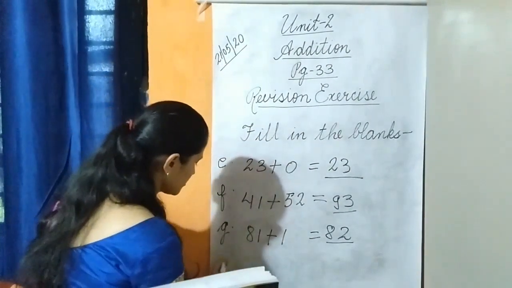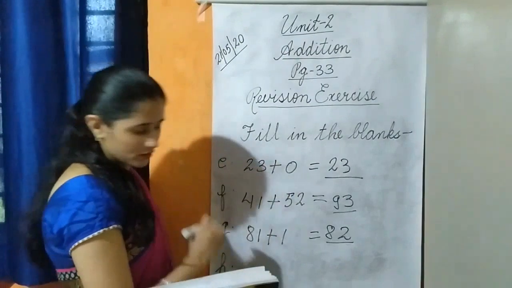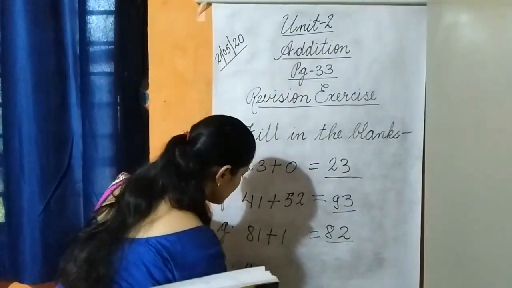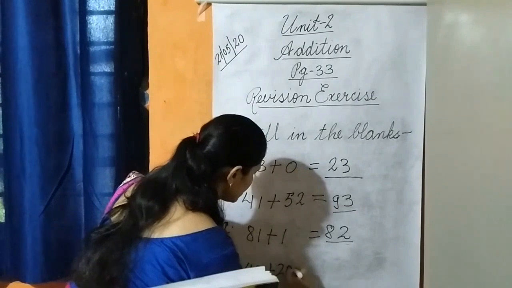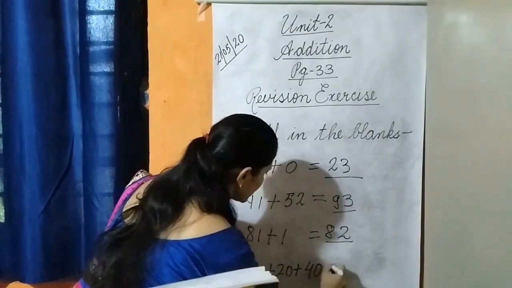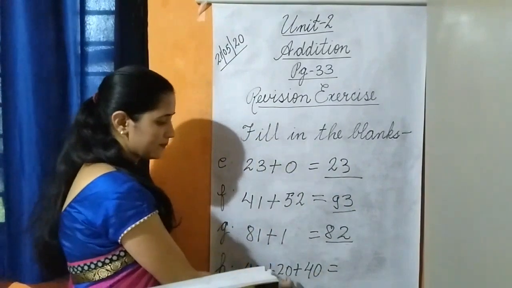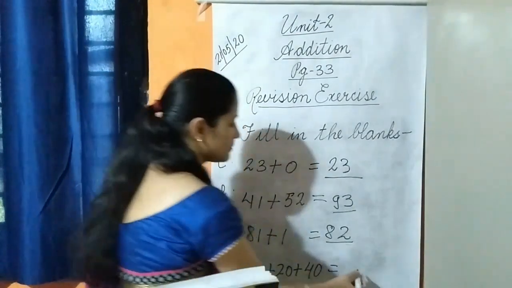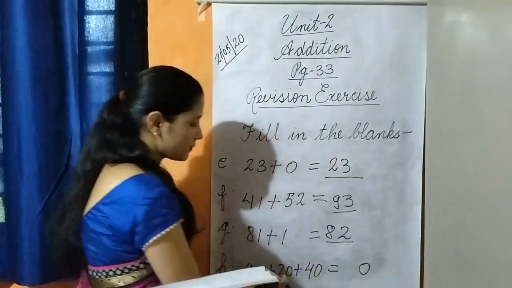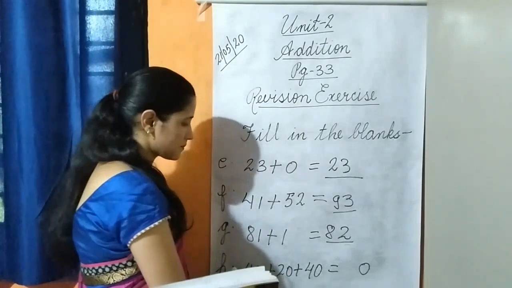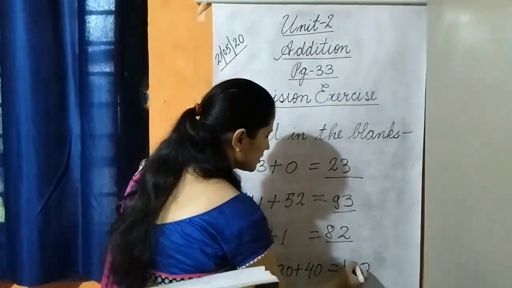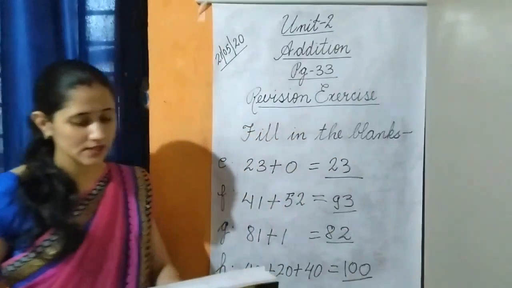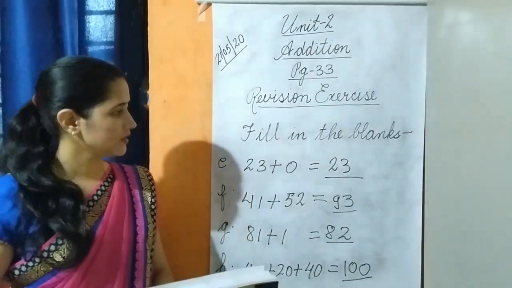Now H. 40 plus 20 plus 40. 0 plus 0 plus 0 will be 0. 4 plus 2, 6. 6 plus 4, 10. So this is 100. Fine.